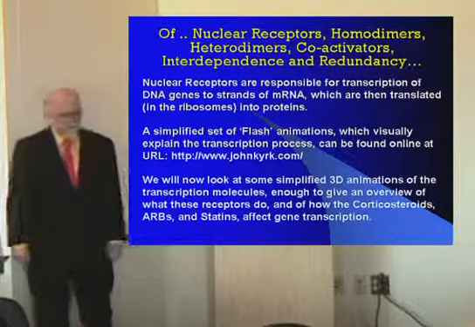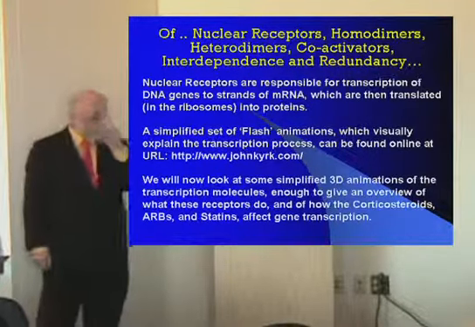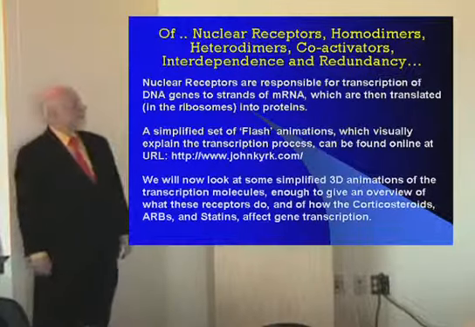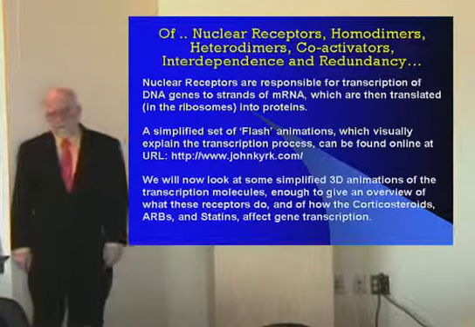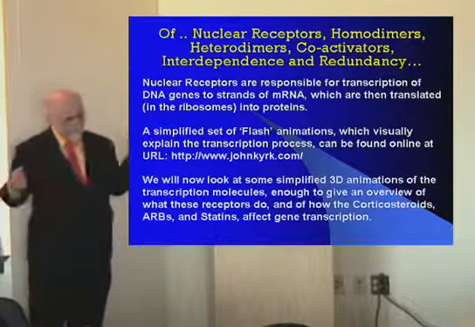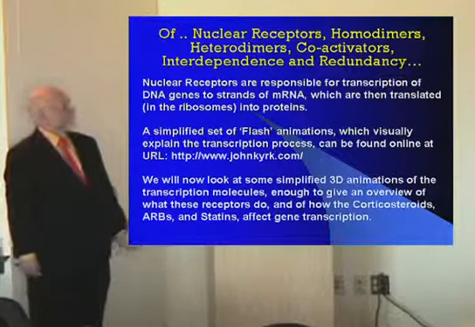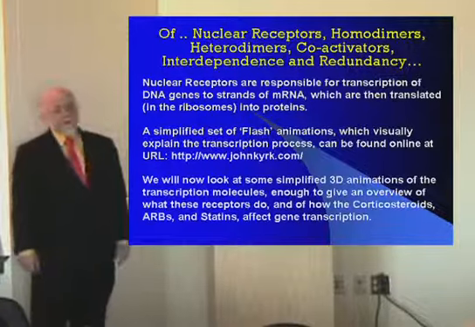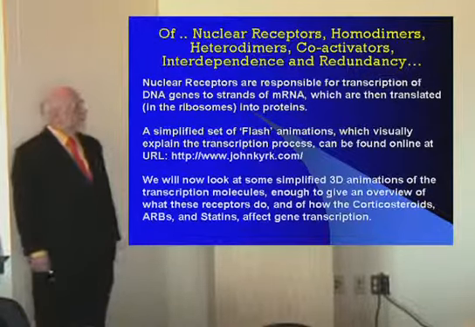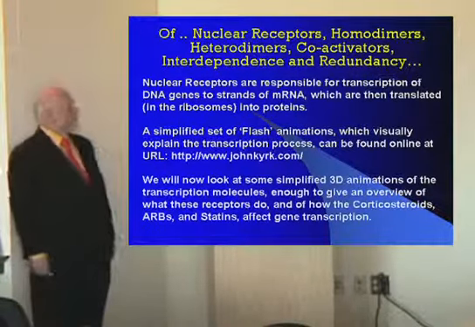Now, what do these nuclear receptors do? Well, they join together in heterodimers, or they couple within the same receptor as homodimers. They couple with coactivators. They are very interdependent, and they are very redundant.